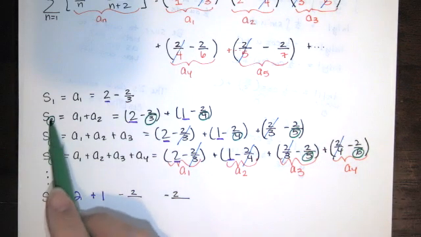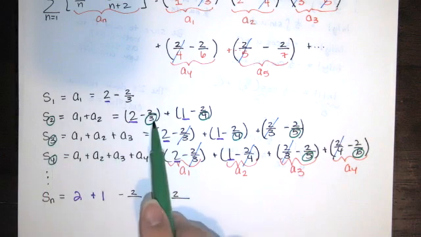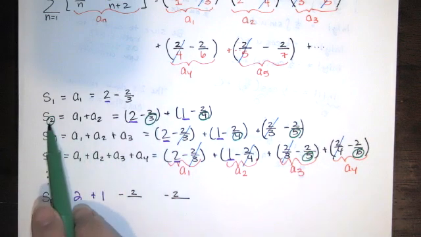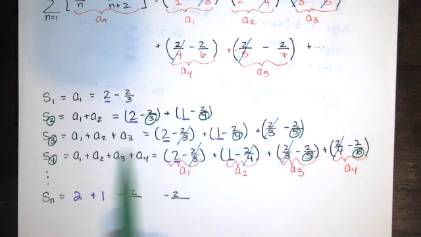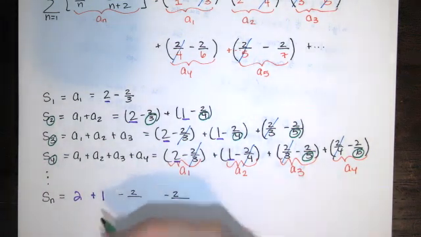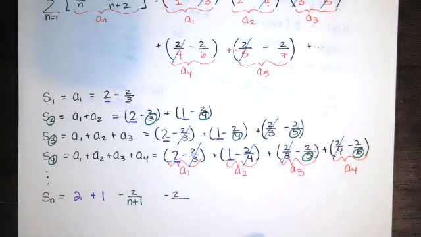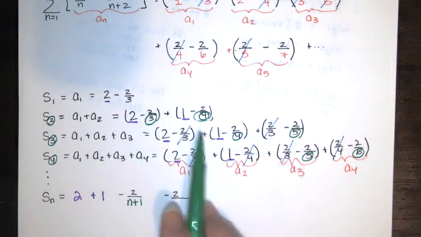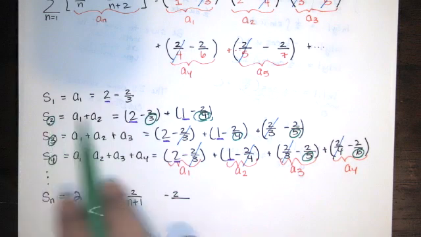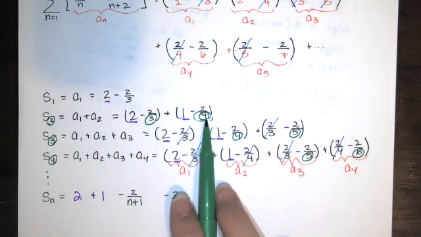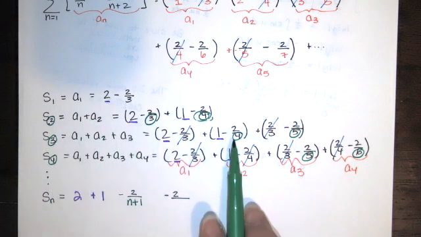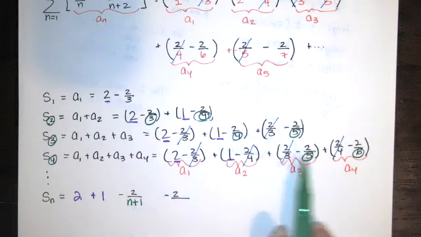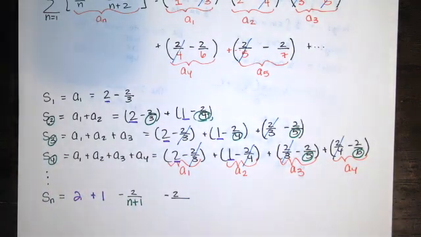So it looks like whatever this number is, the first denominator is one more than that. 2 goes to 3, 3 goes to 4, 4 goes to 5, so n should go to n plus 1. And then over here, this is 2 more than that number. So this is n, that's n plus 1, and that's n plus 2. You should check and make sure that that works.